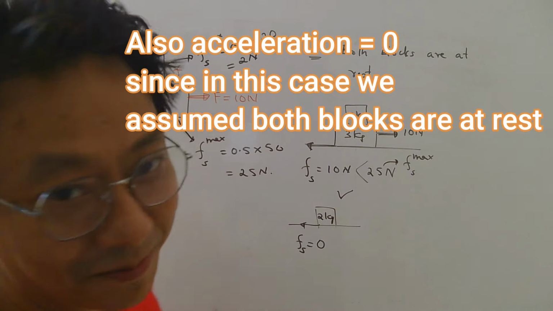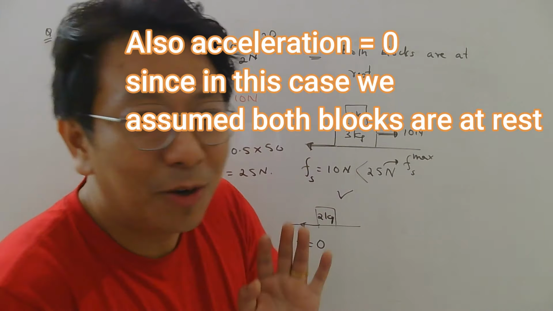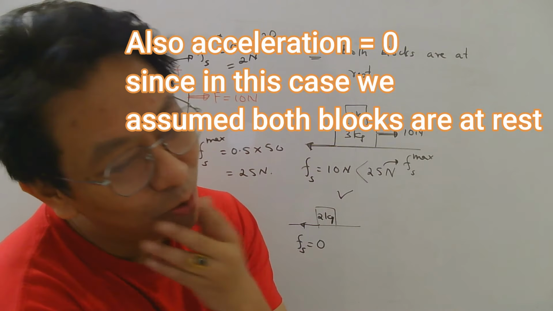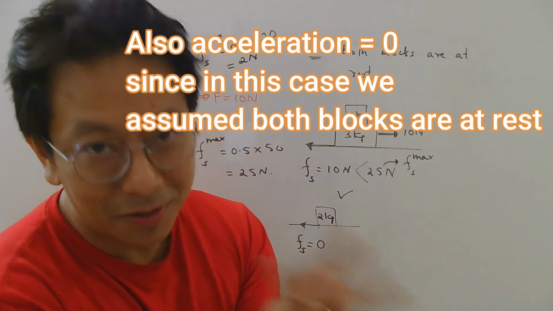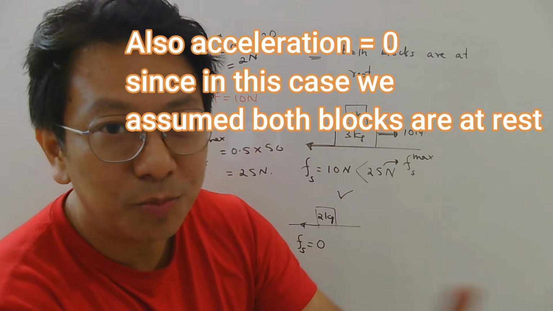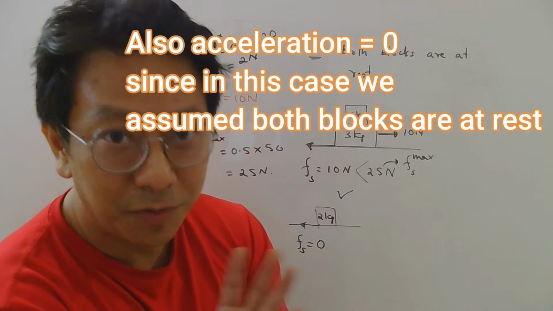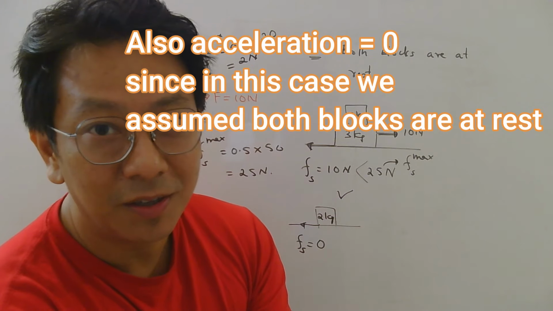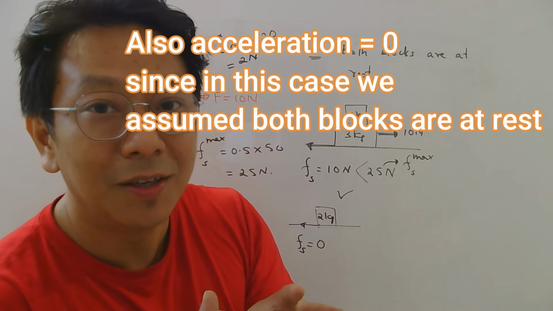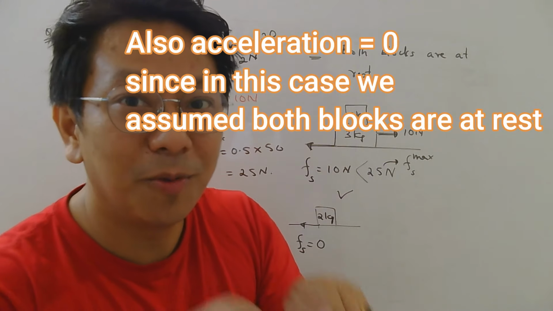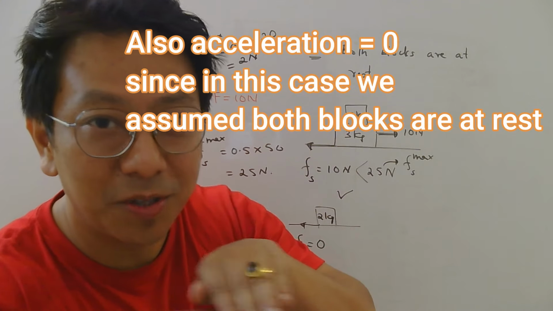Imagine there is a table. I am not pushing it. Just I am looking at the table. Is there any applied force to move the table? No. So if there is no applied force to move the table, static friction should be 0, because static friction is that much which is required to keep the body at rest with respect to the surface.